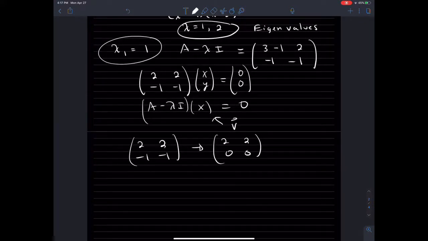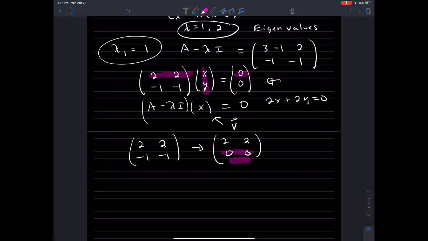Let me show you how to do it. Basically, you could take any of those equations. Let's take our first one, 2x plus 2y is equal to 0, right? That's from doing this and equals to that. So that's one of our equations. Our second one doesn't give us much because it's going to be the same equation, really. That's how that reduces down to 0, 0.